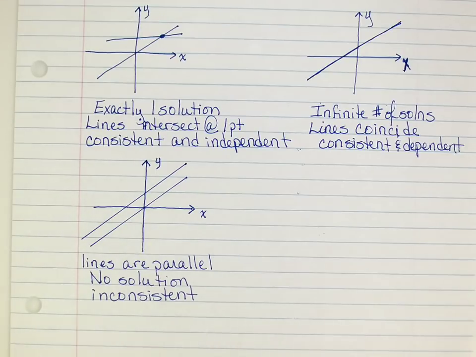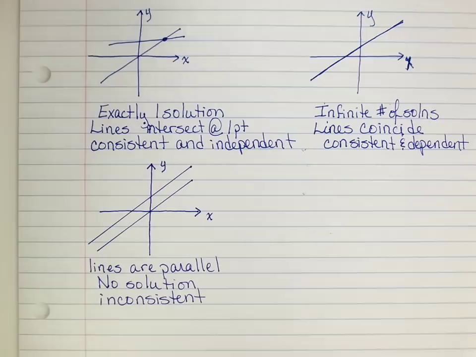So, what can we do with all of this information? Well, we could graph the system of equations. We could determine how many solutions there are, and we could classify that system. And when I say classify, I'm talking about, is it consistent? Is it inconsistent? Is it dependent? Is it independent? And you will have to make all of those classifications.